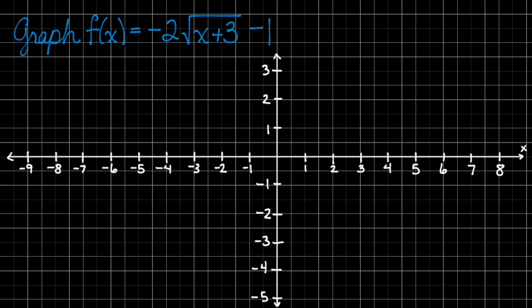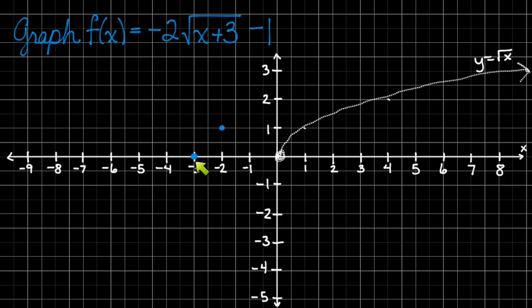Now, here is our function again, and here is a nice set of axes. This is an original square root shape. It goes through the points (0, 0), (1, 1), (4, 2), and (9, 3). And the first step is to shift to the left 3. Now, can you see that (0, 0) here needs to shift to the left?